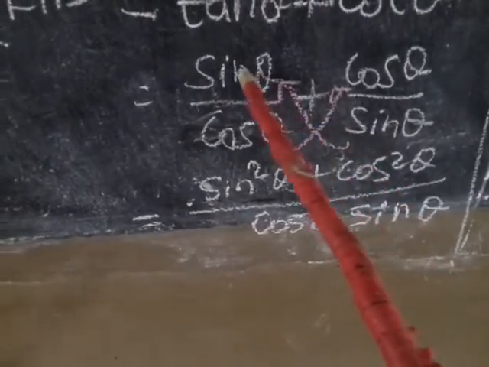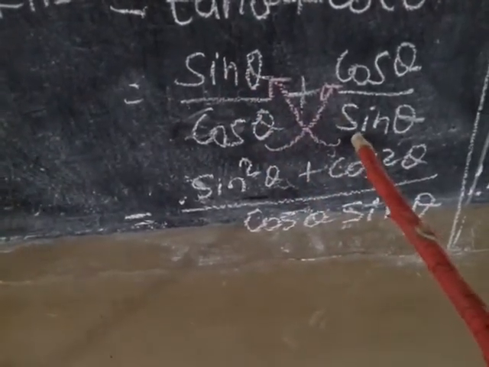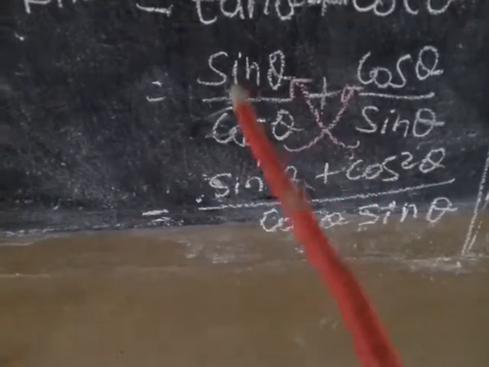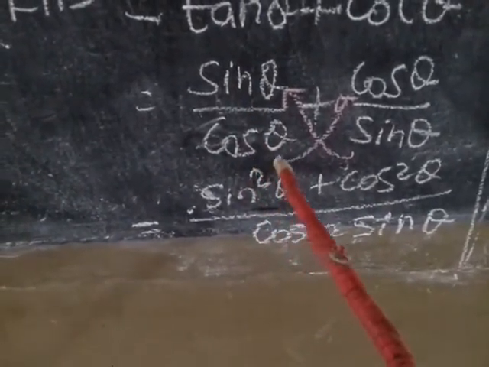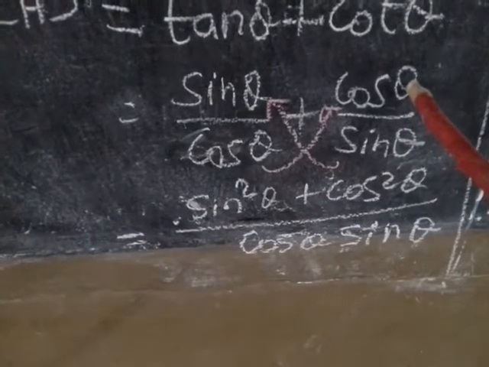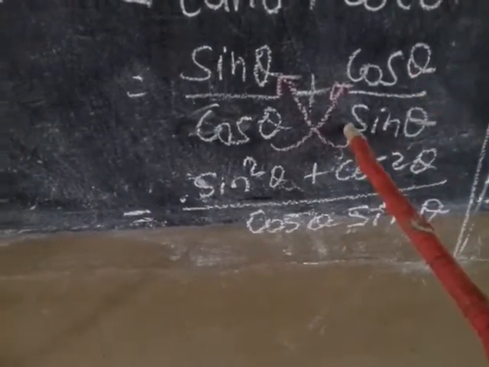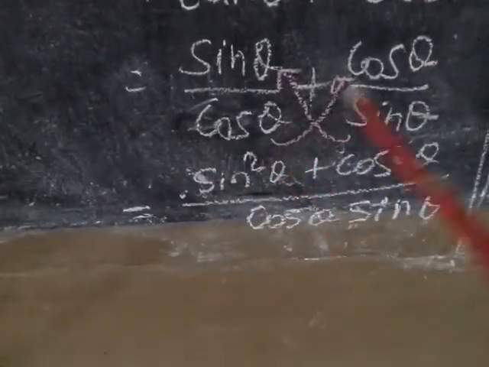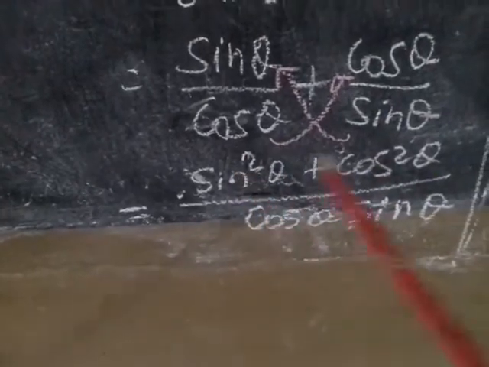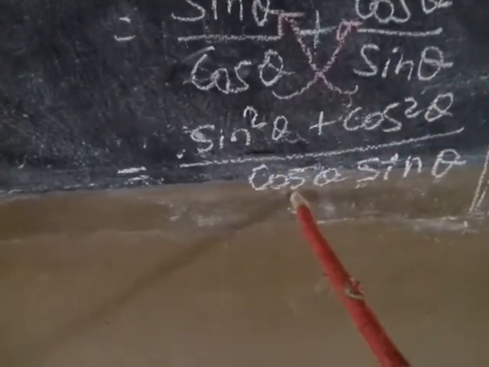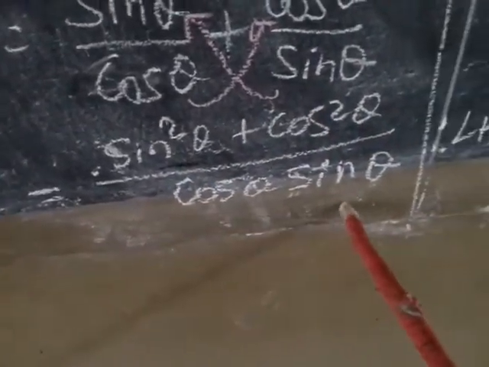Sin theta is multiplied by the second denominator in the numerator, and the first denominator is multiplied by the second term's numerator. Sin into sin is sin square, cos into cos is cos square, and finally both denominators are multiplied, cos theta and sin theta.